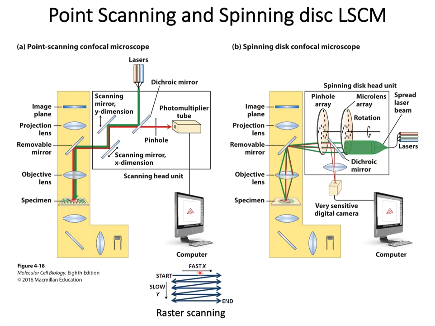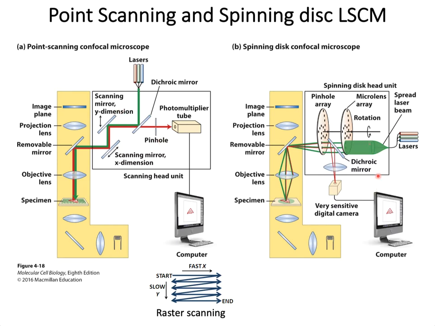The only drawback of this process is that it is time consuming, as the raster fashion laser scanning of the entire sample takes some time and cannot be used for a fast dynamic event in a cell or a live cell. The spinning disk confocal microscope shown on the right is used to observe fast dynamic events in a cell, which the point scanning microscope can't capture.